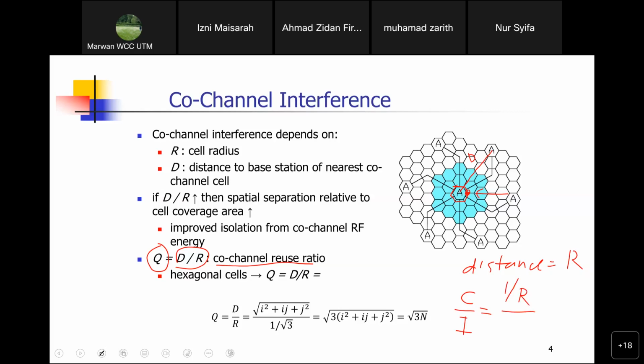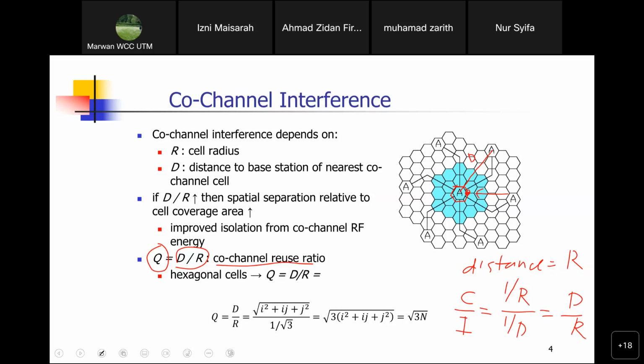Your interference power is proportional to D. So that gives you D divided by R. So you can see at the end, C over I is related to your co-channel reuse.